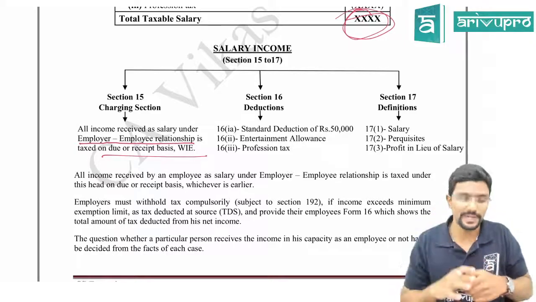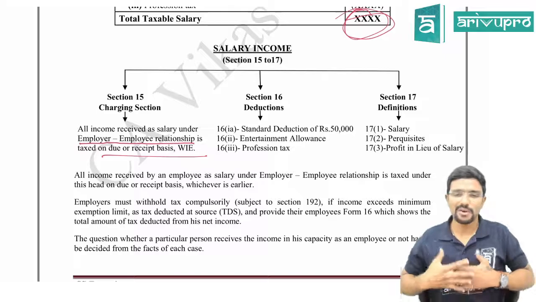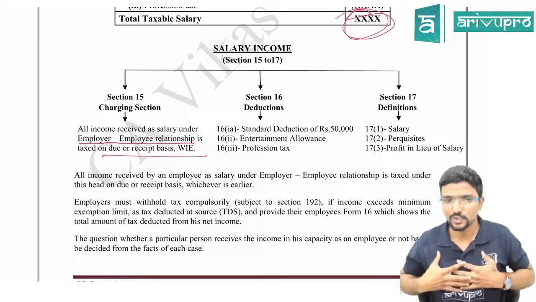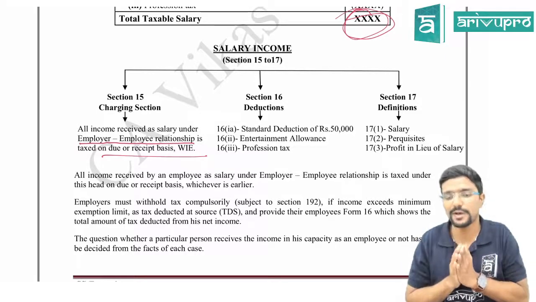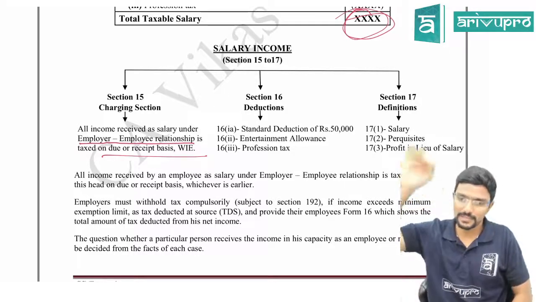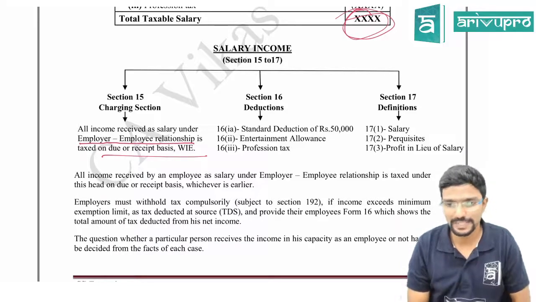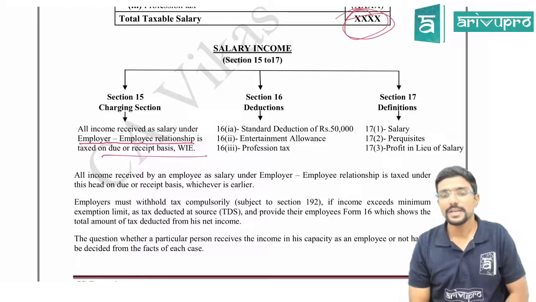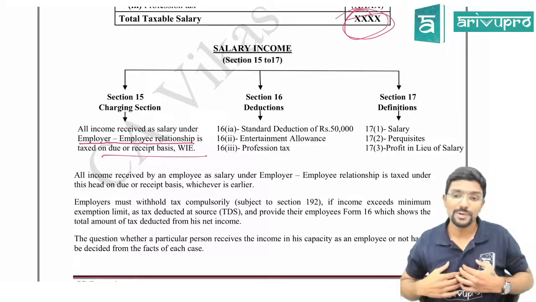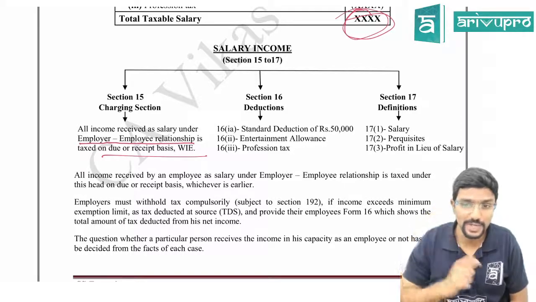I will give one more example. Please pay attention. Sir, in the month of March, I had some emergency, so I requested my employer, please give April and May salary also in advance. In that case, in my previous year, how much salary is taxable? It is taxable for 14 months, whatever I have received.